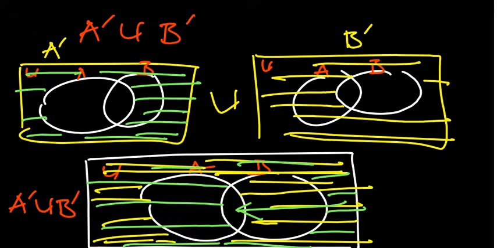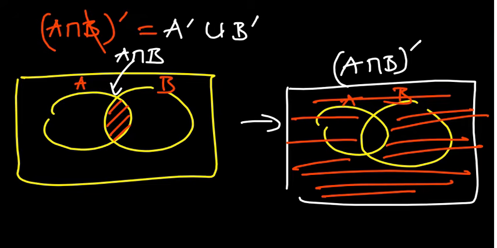So if you look at this, on the right hand side, A complement union B complement, and then A intersection B complement, we are seeing that the result is one and the same. So we've proven by shading that the left hand side is equal to the right hand side. Okay?